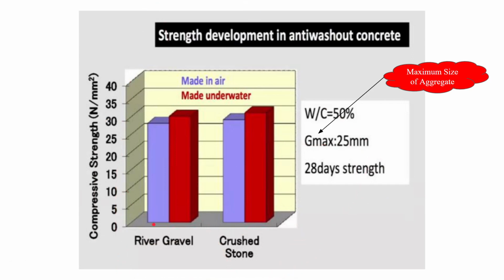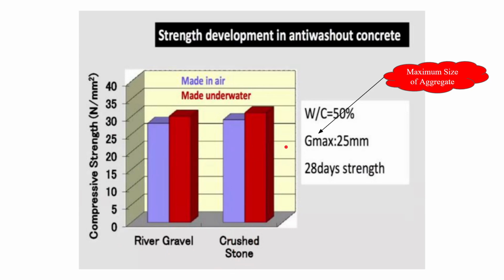Irrespective of whether the aggregates are river gravel or crushed stone, we will see that the compressive strength of the anti-washout concrete, which is cast underwater, is always higher than the ordinary concrete which is cast in air.